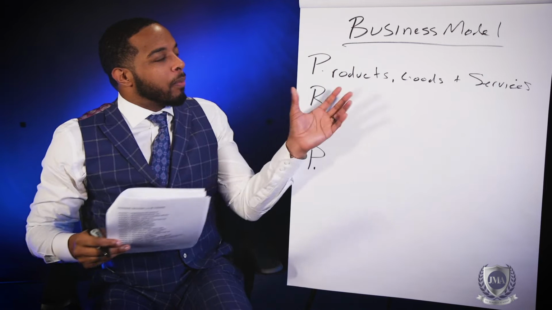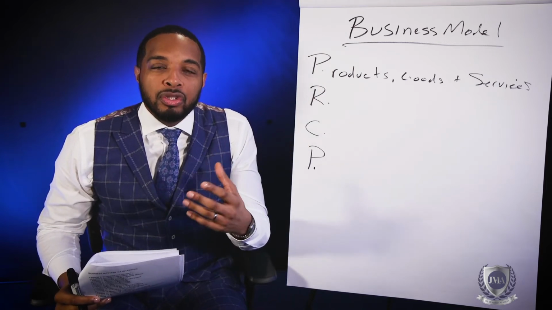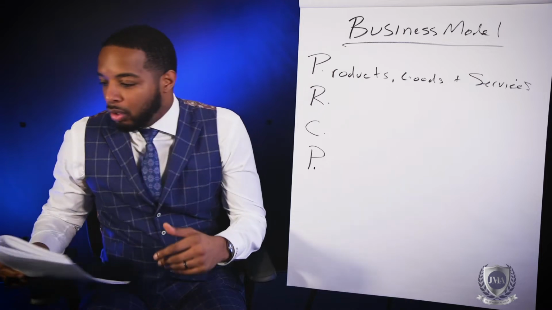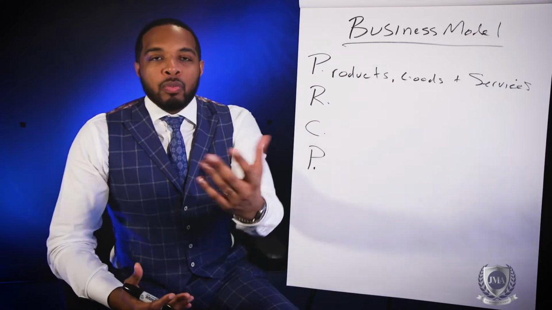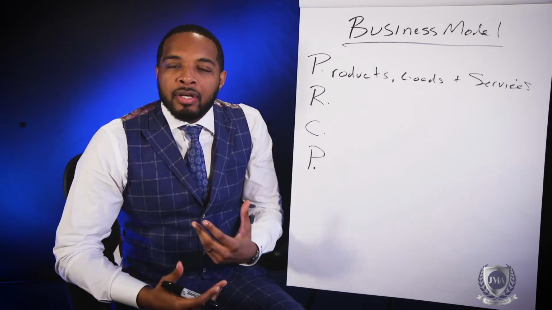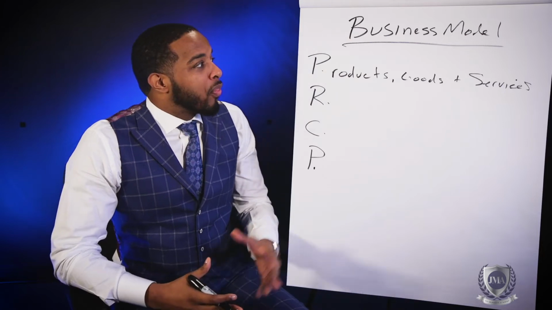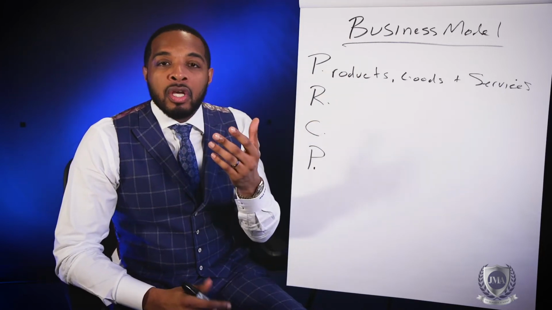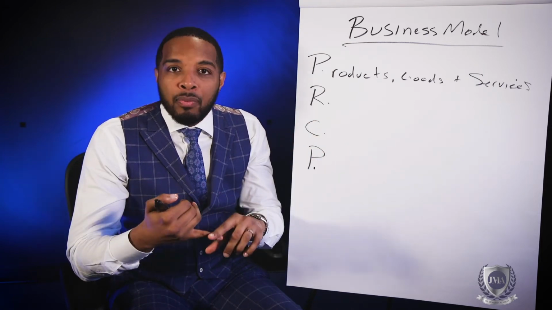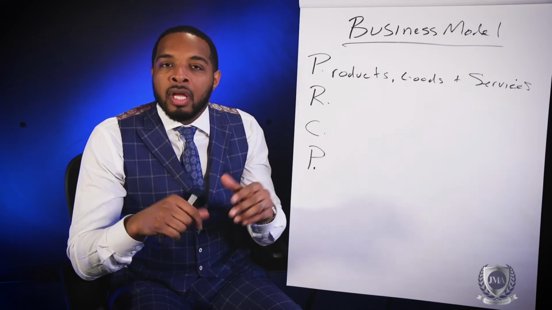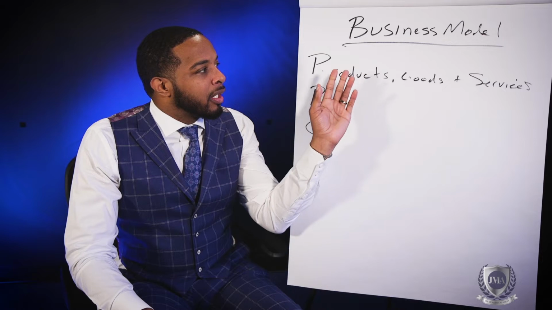This is an important part of building your business model: really identifying what products, goods, and services you want to bring to the world. That's where we talked about the burning desire and what your passions are, or what you have identified in the marketplace. Whatever you want to offer, whether it be an app or a website, it's about looking at where there is any viability.